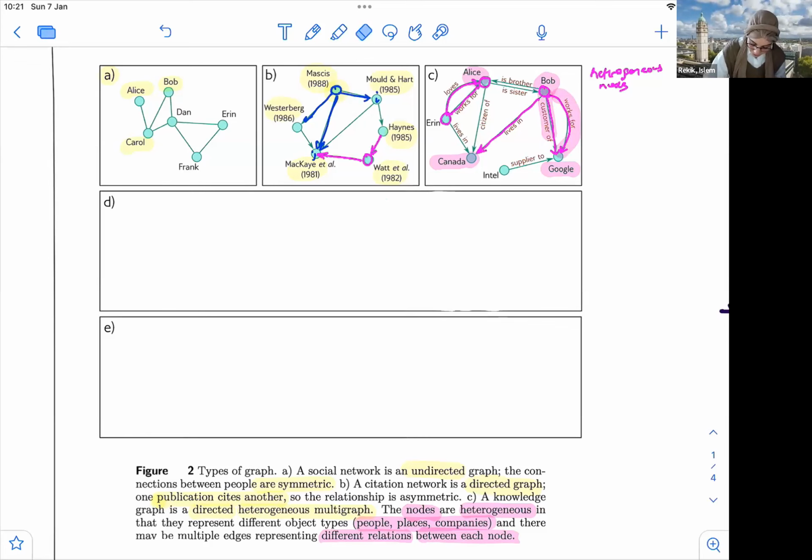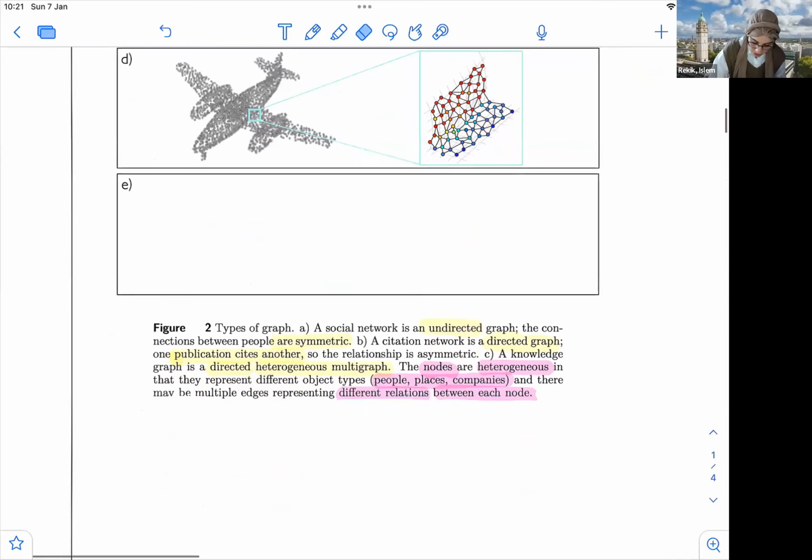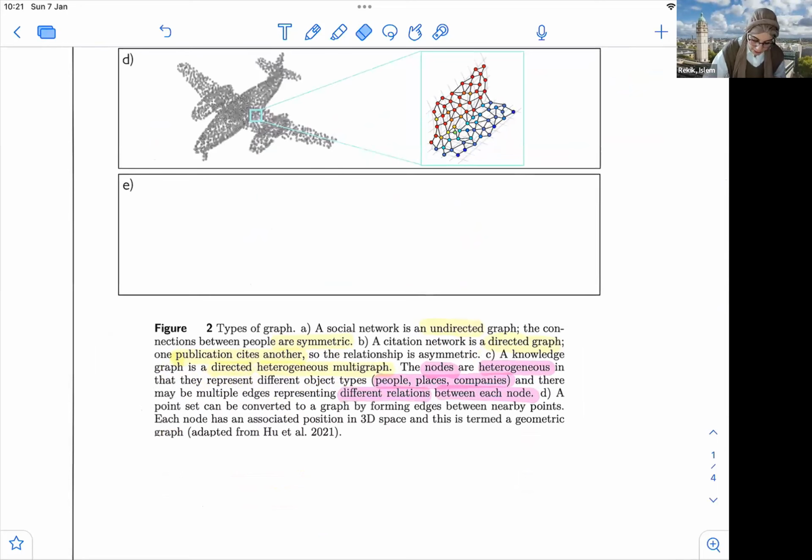Now in D, we see another type of graph. Here it's basically a point set, which can be converted to a graph by forming edges between nearby points. Each node has an associated position in 3D space, and this is termed a geometric graph. We convert a cloud of points into a graph based on the distance between them.